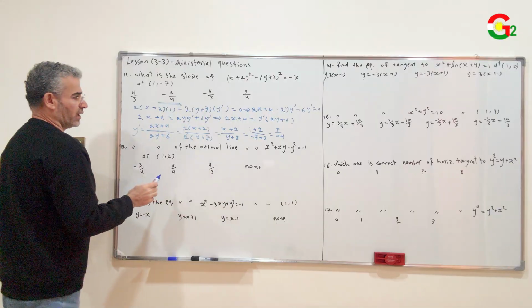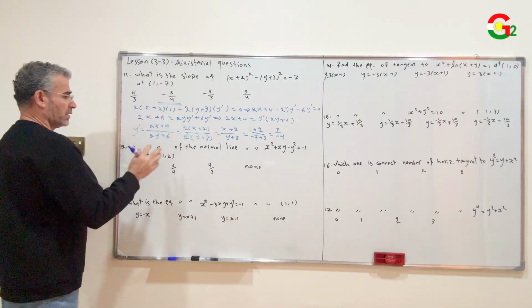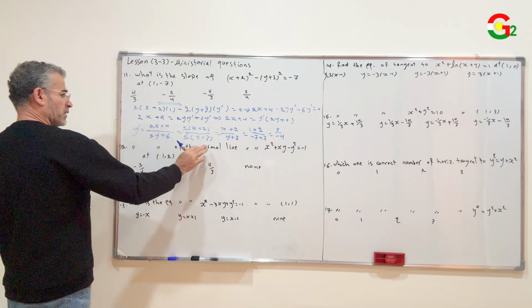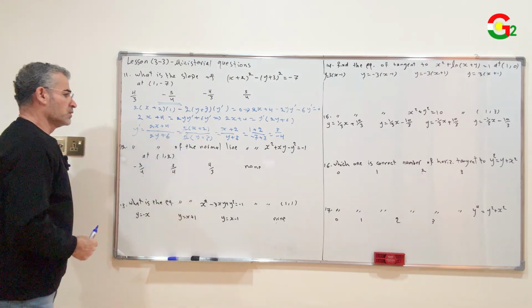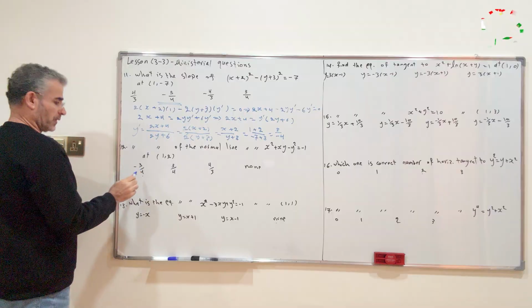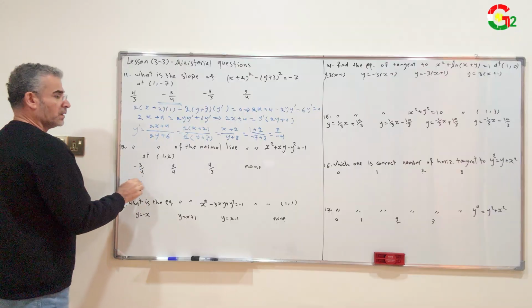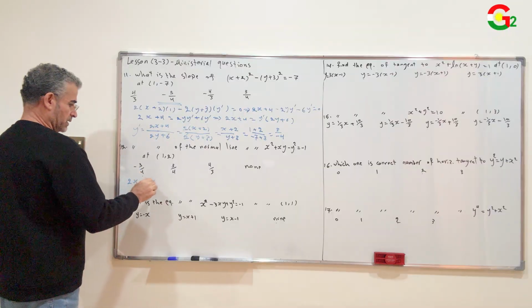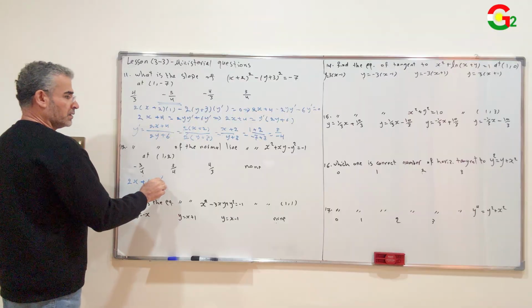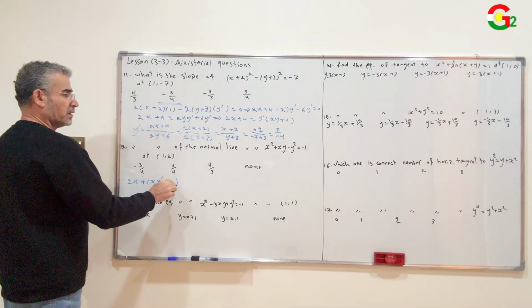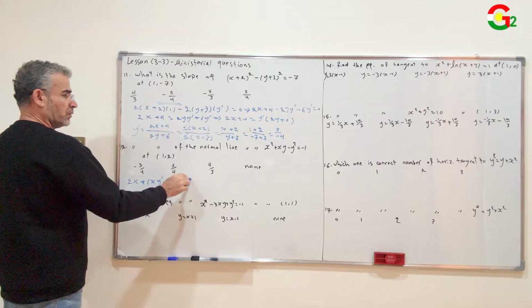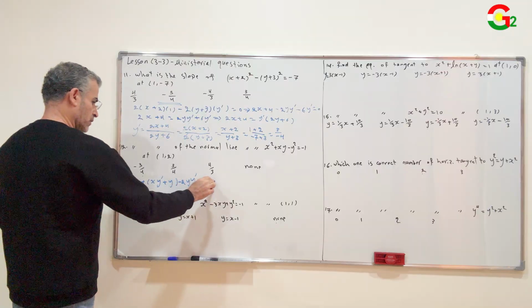First we find the slope of the tangent line, then the negative reciprocal of it is the slope of the normal line. 2x plus x times y prime plus y minus 2y prime equals 0.